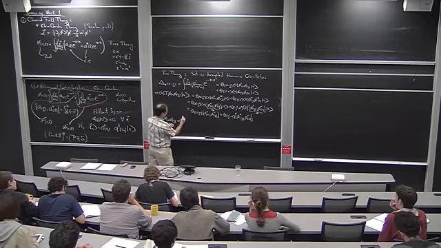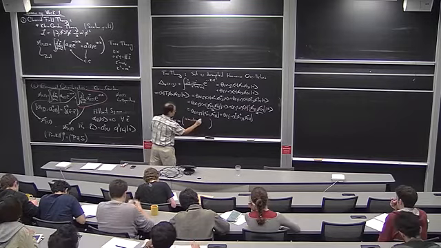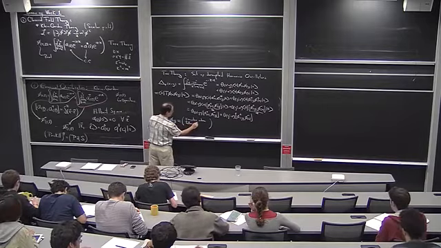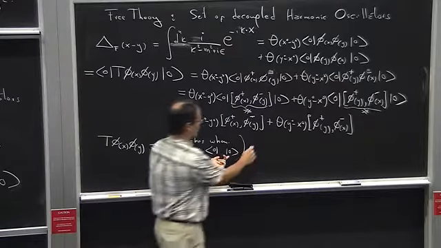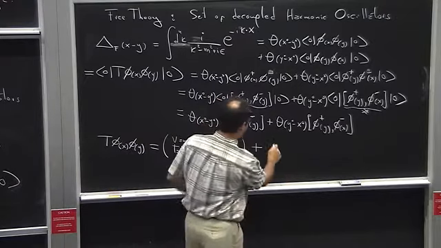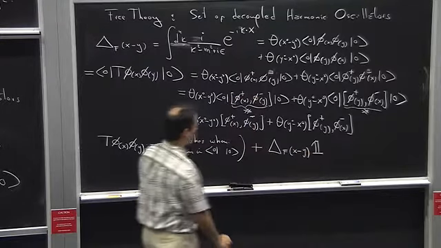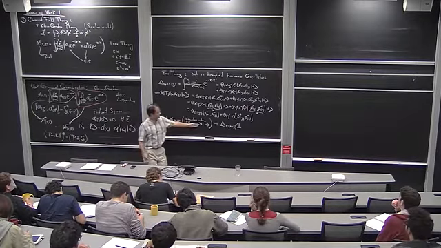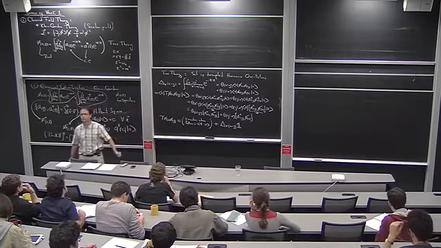There is a piece that we don't know yet, which vanishes when taken into this, but there is another piece, which is exactly this. And that's our Feynman propagator. So part of the job today is to find out what this extra piece is, so that this equality holds as an operator statement.